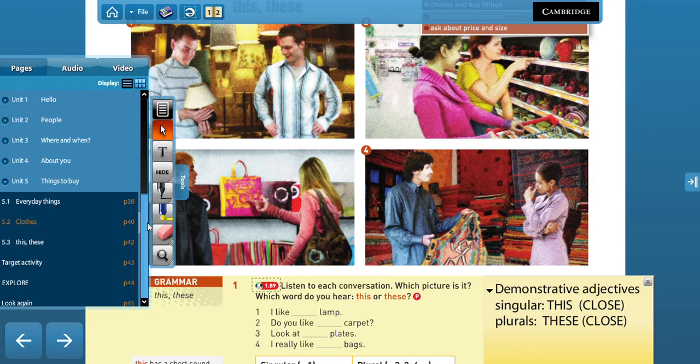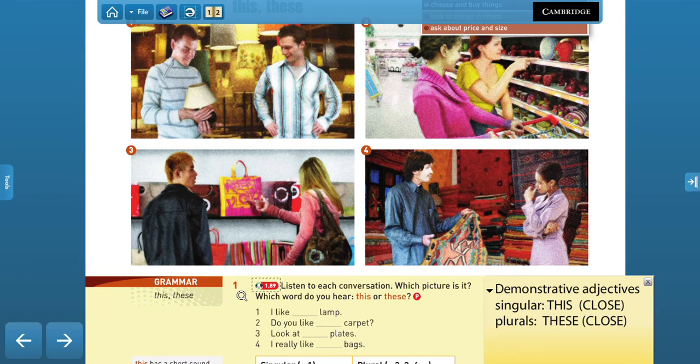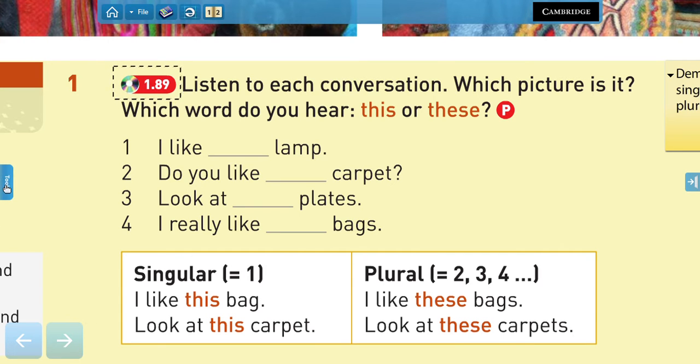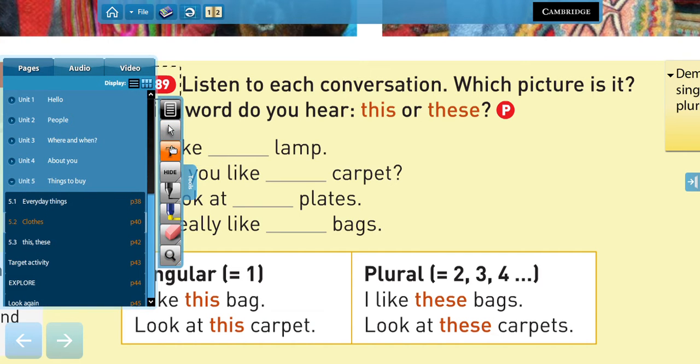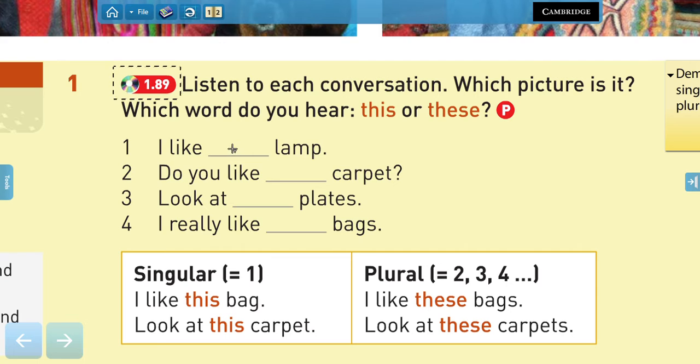Okay, so let's have a look at your answers. I'm going to make it bigger so it's easier for us to complete. So, let's see. We have first, I like this lamp, right? Singular. Do you like this carpet? Look at these plates.